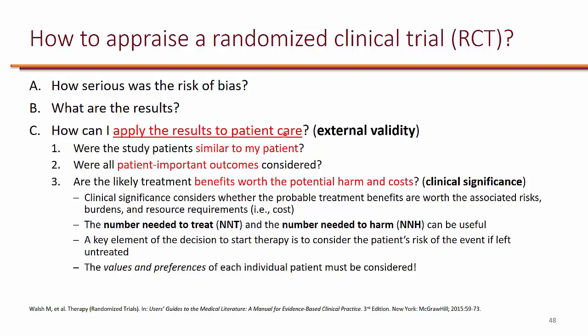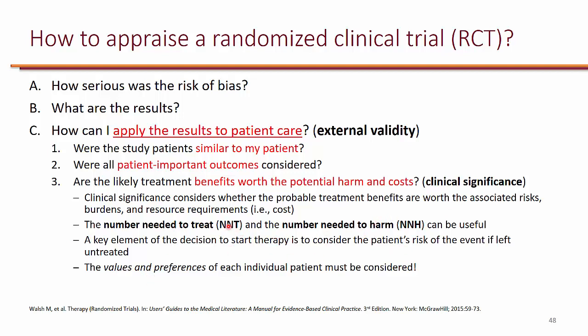So like before, when you look at the results, you want to make sure that they are statistically significant. And then the last word is, are they actually clinically significant? And that's when you can look at cost, and you can also look at number needed to treat and number needed to harm. So sometimes you can compare the benefits versus the adverse effects or toxicities of the drugs and see if it's worth it.